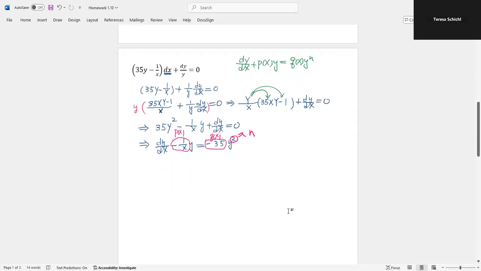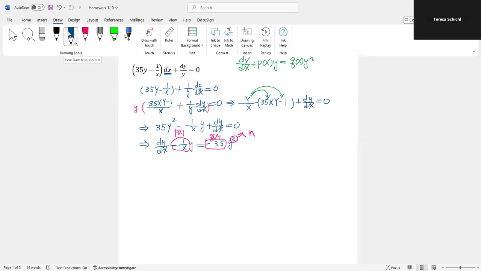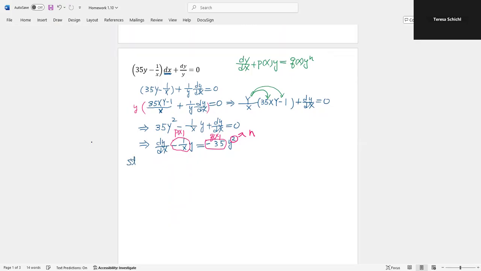So as soon as I manipulate this equation and it turns out to be a Bernoulli equation, then I know I'll be able to solve it by using the Bernoulli equation process, right? So what is the first step? We did this many times. Step number 1, I will assign v equal to y to the 1 minus n.